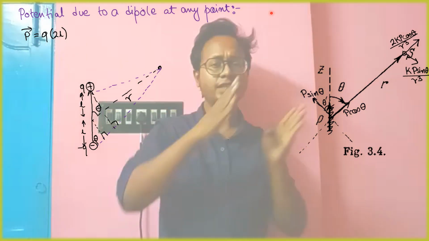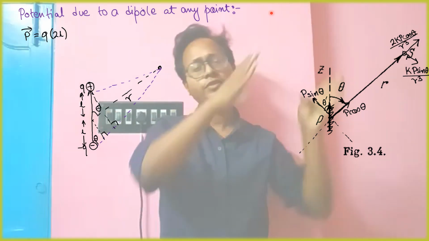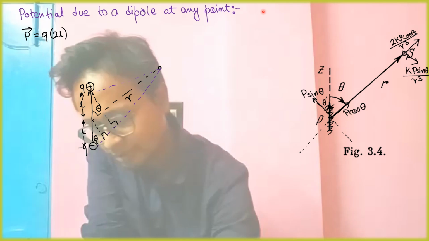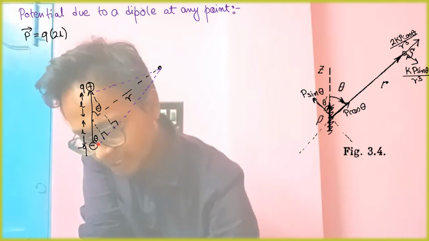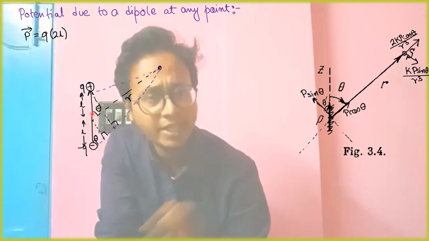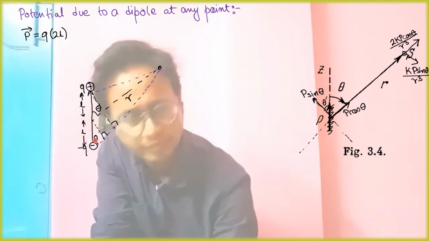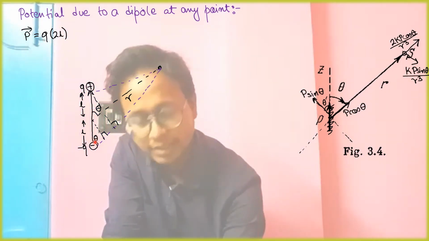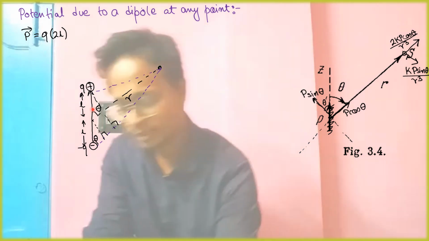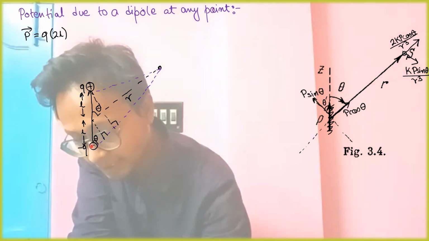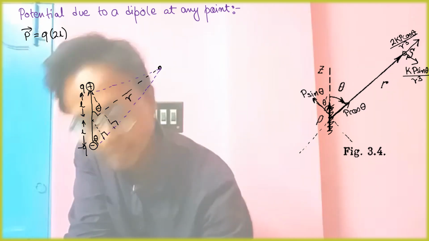That means for a certain distance they are parallel, so they can be taken as parallel. So if this is theta, this is nearly equal to theta. It should be slightly less than theta, but nearly. Suppose this is 90 degrees, this would be 89.99, because the length of this is very small when compared to r.